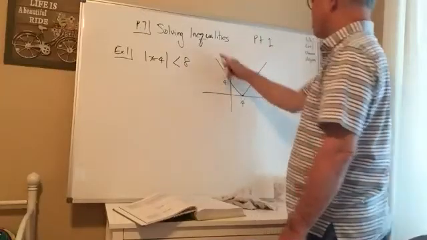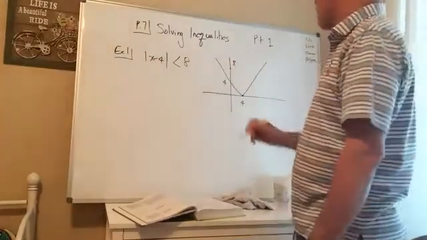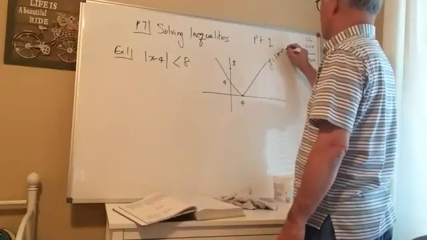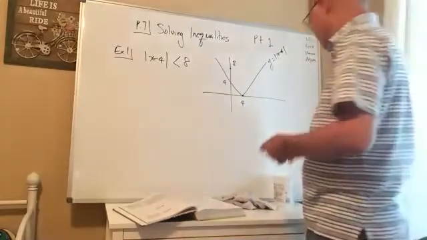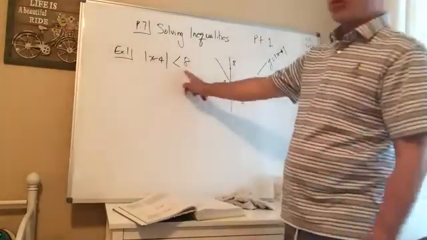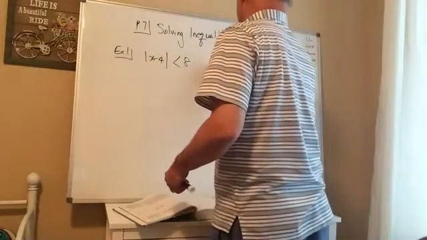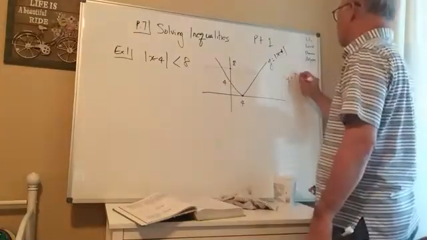So this is what the graph of y is equal to the absolute value of x minus 4 looks like. Now I'm comparing this to 8. So 8 is right here, and this is y is equal to 8.